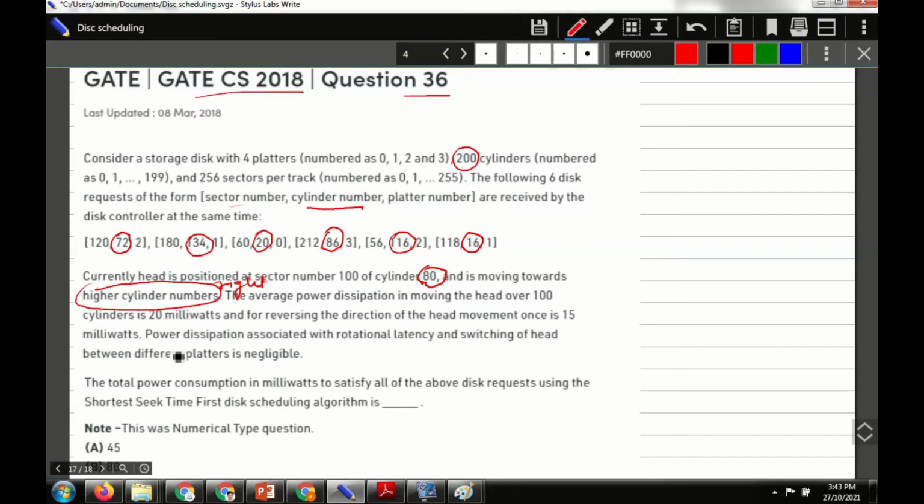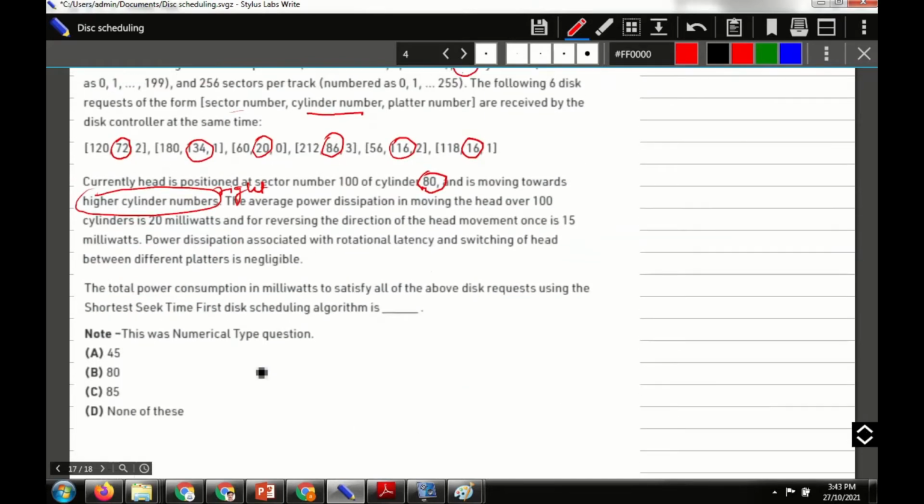This is the additional information given to us. Power dissipation associated with rotational latency and switching of the head between different platters is negligible. The total power consumption in milliwatts to satisfy the above disk requests using the shortest seek time first scheduling algorithm is dash dash, and some options are given here.